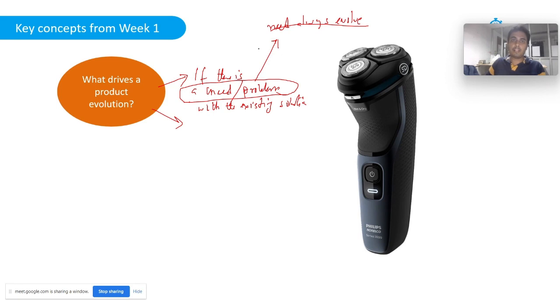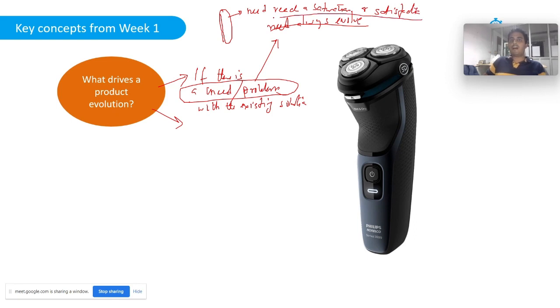For example, if you attended the first week lecture, Professor Asokan has told you why the design of a safety pin did not change over time, because the need reaches a saturation or a satisfaction.